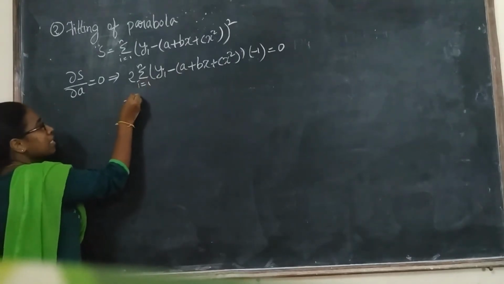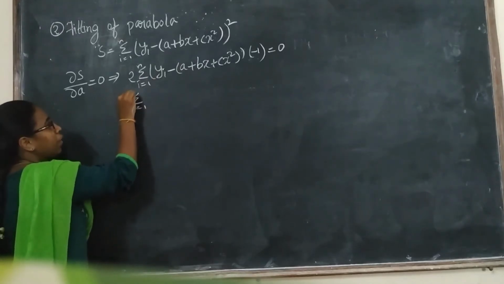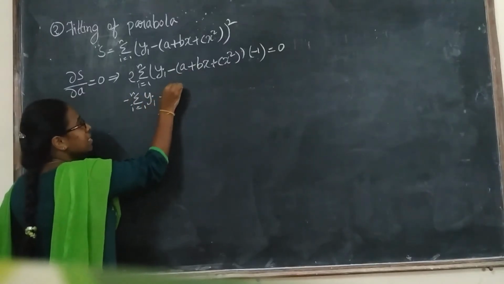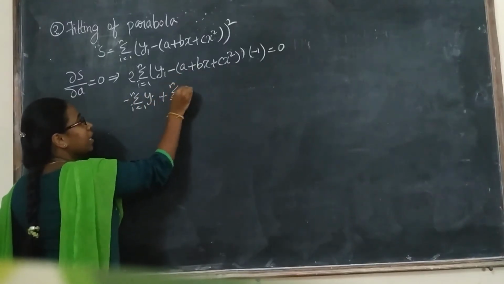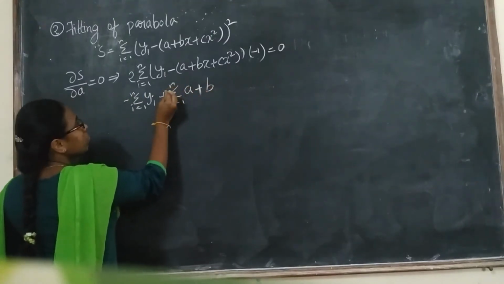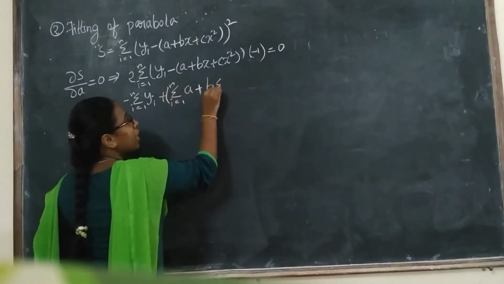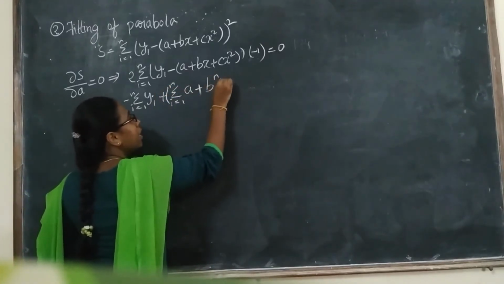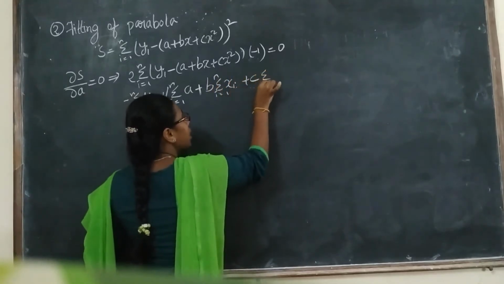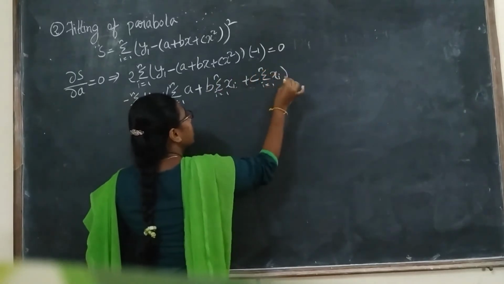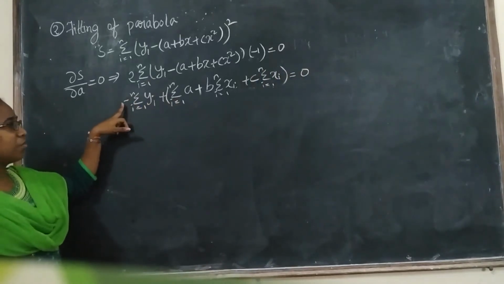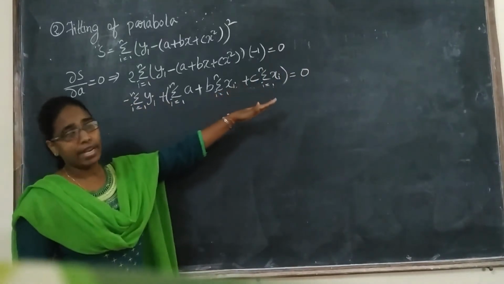So you'll get minus summation i equals 1 to n yi, minus into minus it will be plus, plus summation i equals 1 to n a plus b into summation i equals 1 to n xi plus c into summation i equals 1 to n xi square equals 0.